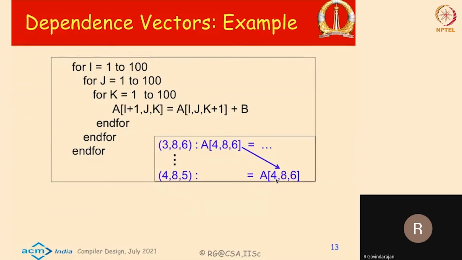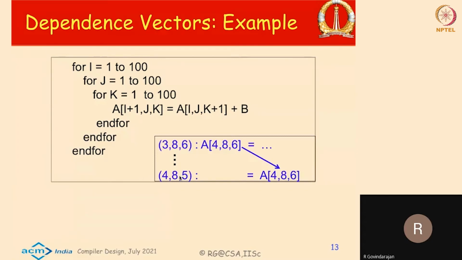Therefore, we can say that from statement S1 in iteration 3, 8, 6, there is a dependence, and this is the producer of the dependence, and the consumer of the dependence, or the destination, is the same statement but for iteration vector 4, 8, 5. And this actually holds for various such values, not just for one of them.